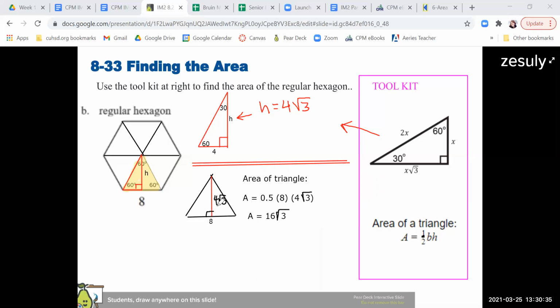So I'm not done yet. I found the area of the yellow triangle, but now I have to find the area of the whole hexagon. So we have to go a step further, which means the area of the hexagon is equal to 6 of the yellow triangles. 6 times 16√3.